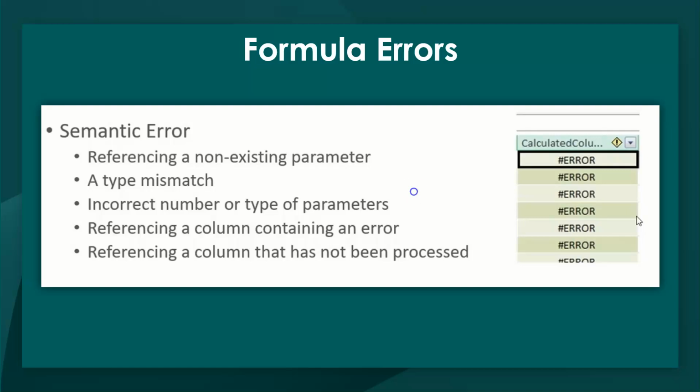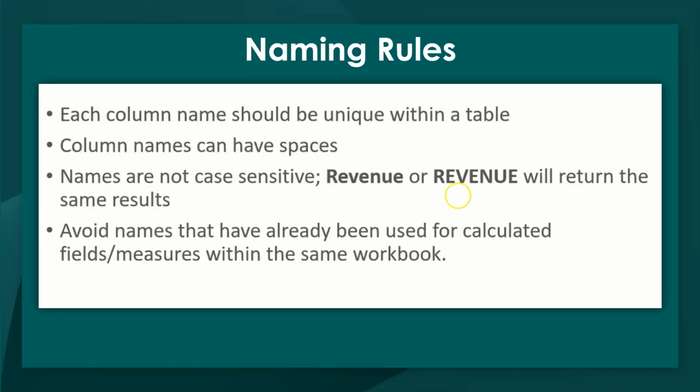Naming rules. This is very important when we have tables in Power Pivot and the columns, because as an Excel user, in the spreadsheet, we use relative and absolute reference, just like one with the dollar sign and without a dollar sign. But in Power Pivot, remember that there are no cells. There are records, columns and rows.